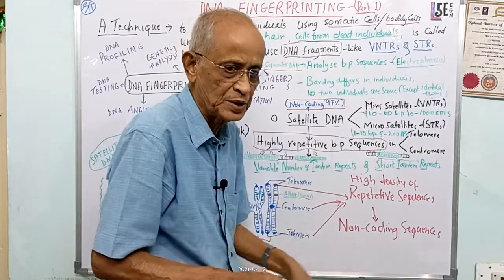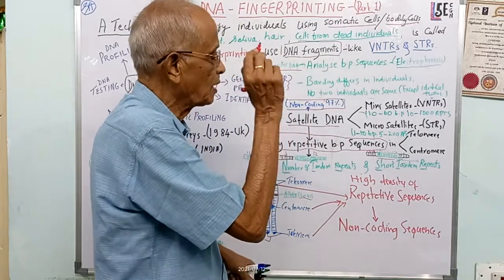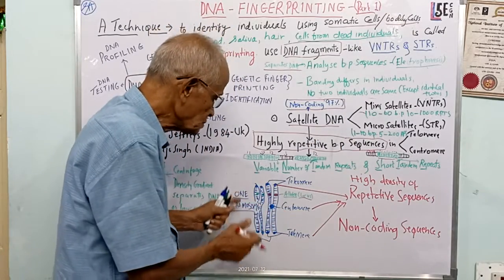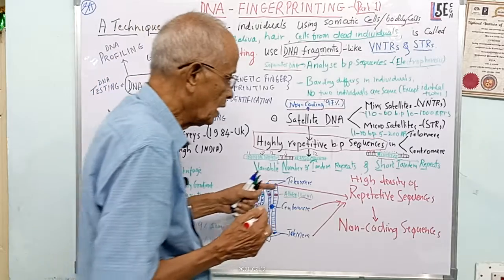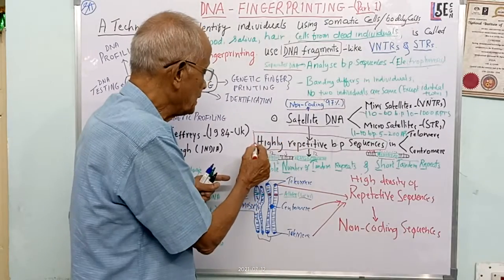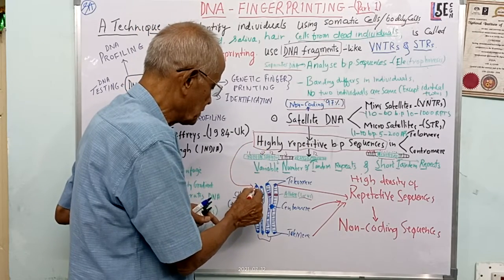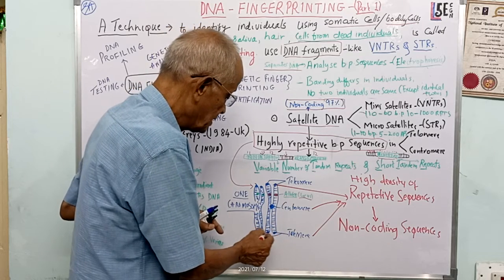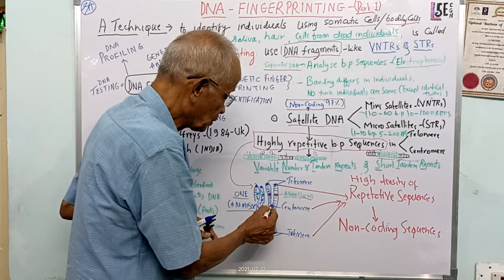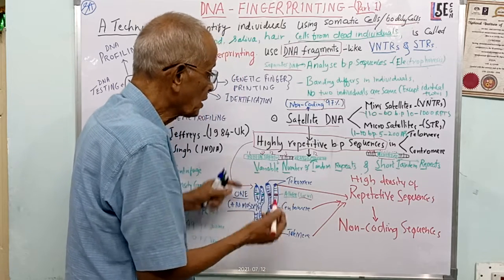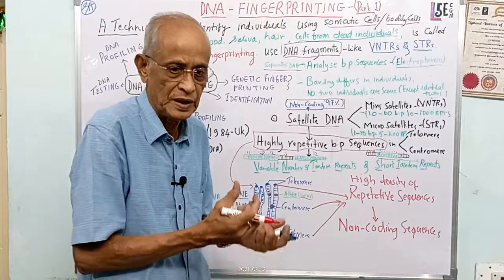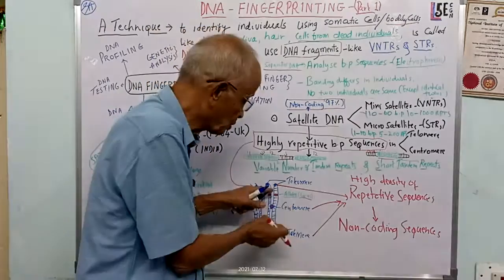By means of different techniques, which we will find out tomorrow, the basic idea you can understand is called electrophoresis. As I told you, these highly repetitive structures are present mostly in the telomeres at the end region of the chromosome, and the central region of the chromosome, which have much denser coiling where highly repetitive sequences are seen. That means satellite DNA should be seen in those areas.